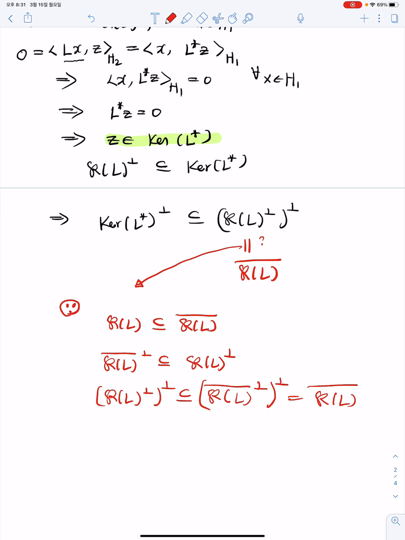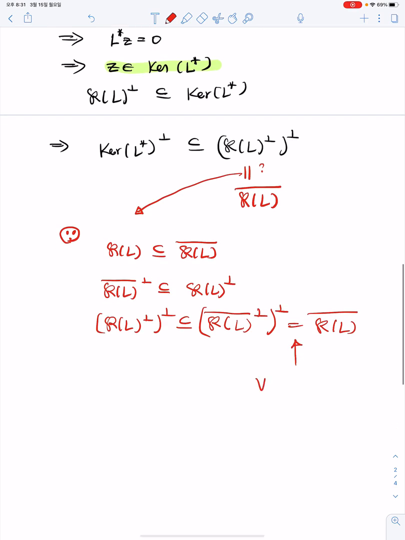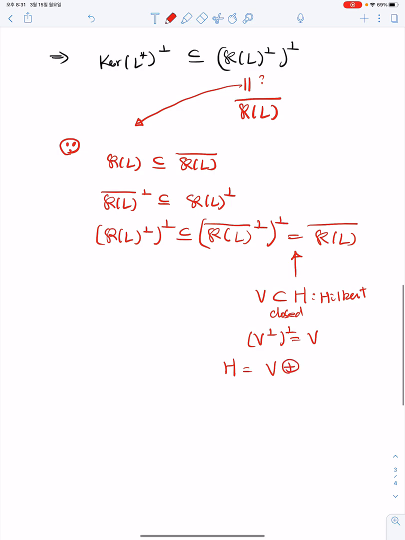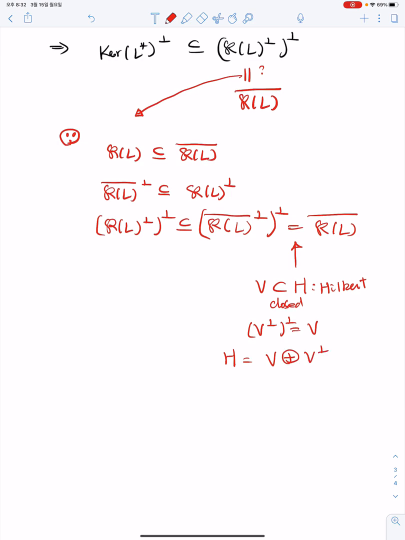So here what we need is: suppose V is a closed subspace of H. Then V orthogonal orthogonal is V. Why is this true? H is Hilbert. If V is closed, then you have H equals V inner direct sum V orthogonal.